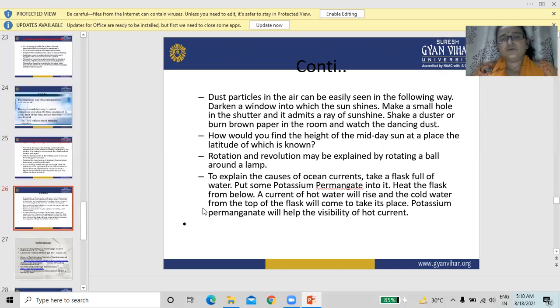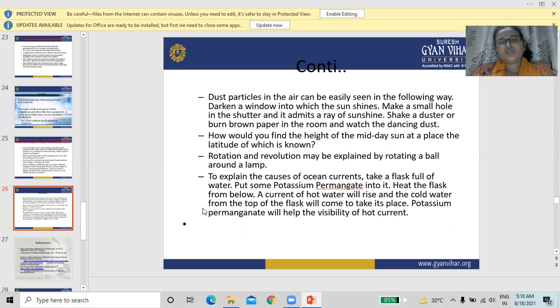Shake a duster or burn brown paper in the room and watch the dancing dust. How would you find the altitude of the midday sun at a place whose latitude is known?